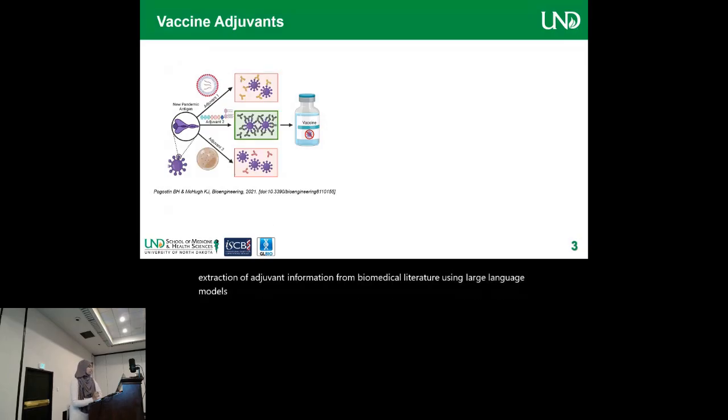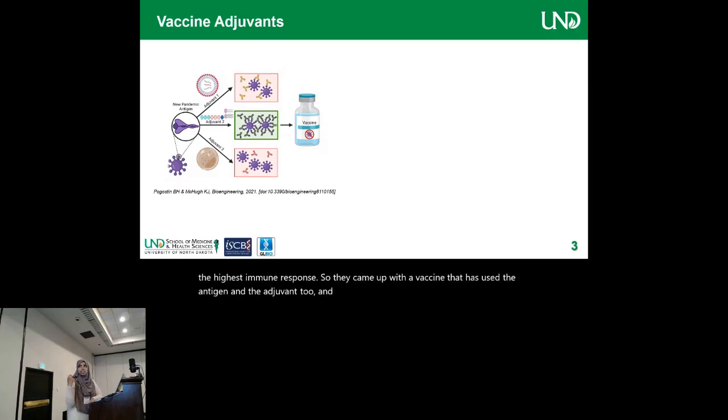So let's talk about a real scenario. Let's say a pandemic antigen is tested alongside three different adjuvants: adjuvant 1, adjuvant 2, and adjuvant 3. And let's say the researchers found that adjuvant 2 with the antigen has the highest immune response. So they came up with a vaccine that uses the antigen and adjuvant 2.